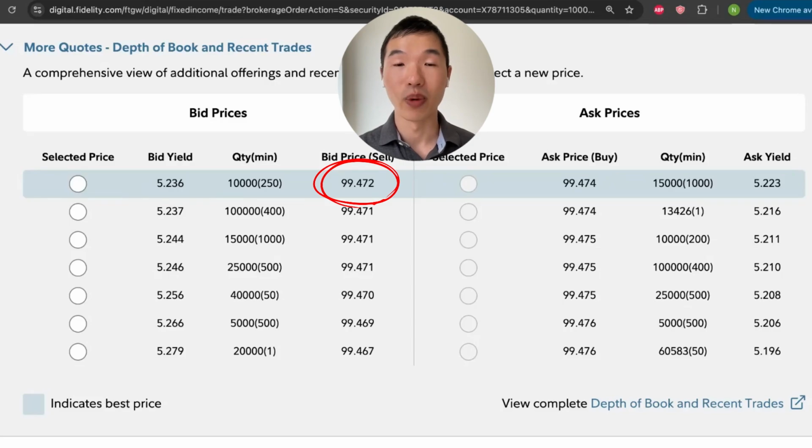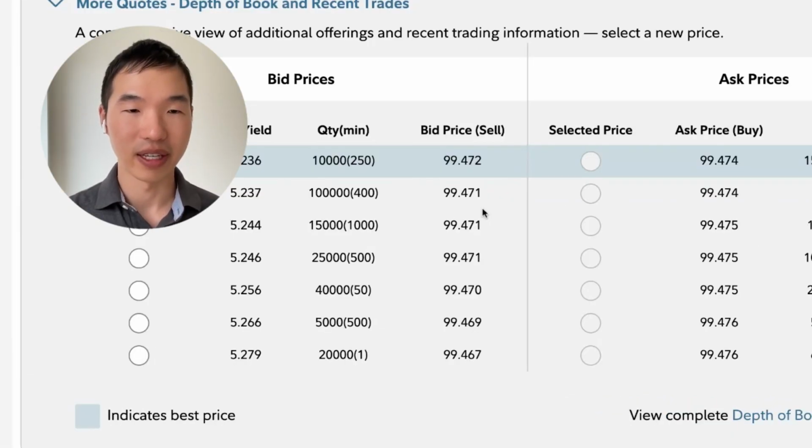Now, say, for example, you are willing to sell this bond at the bid price of 99.472. In theory, we should expect if you put a sell order at this price that your order is going to be filled or executed. So say, for example, this bond, which matures on October 10th, you want to sell it right now for cash.